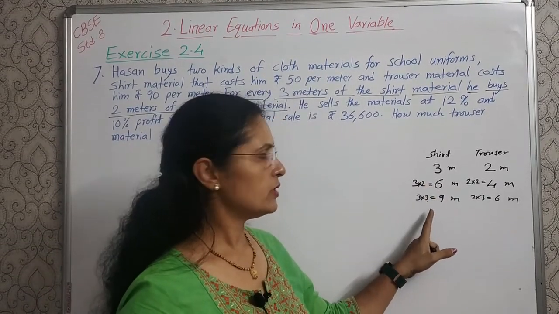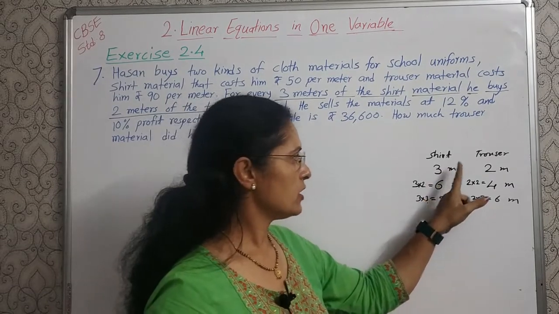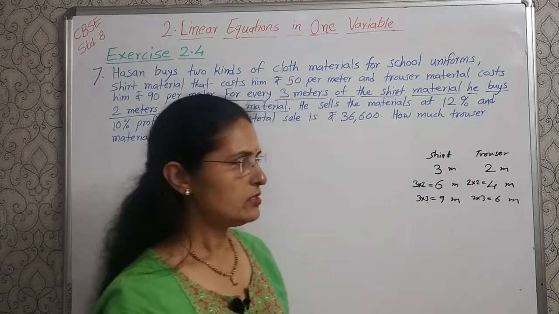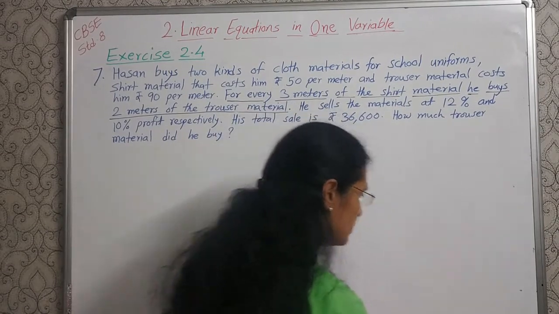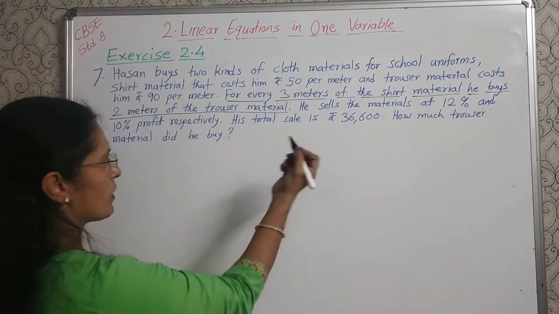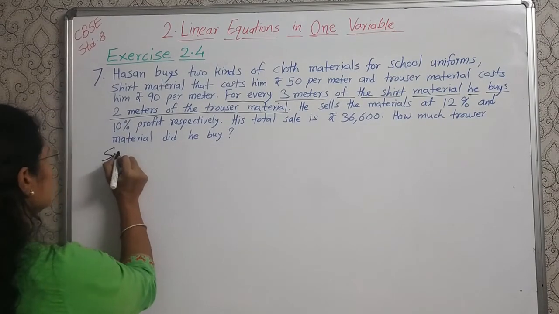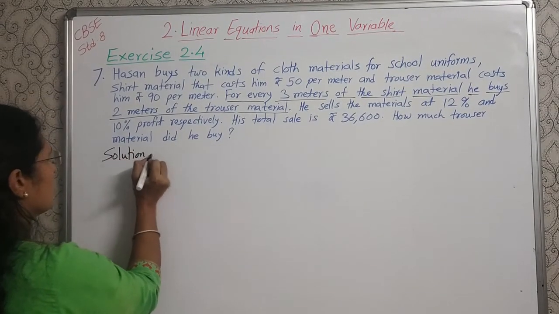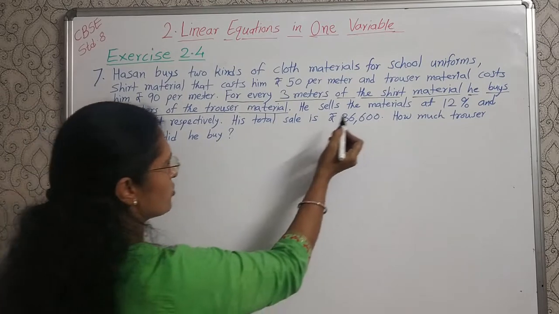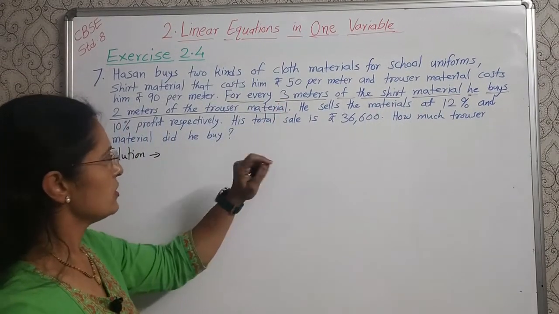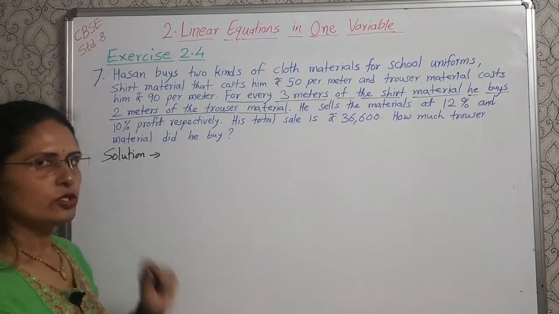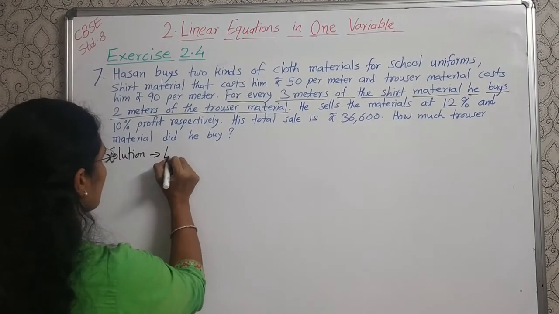Let us assume that common multiple for this 3 and 2 as x. So in the solution, first we'll write solution. We'll assume that he buys shirt material 3x meters and trouser material 2x meters.